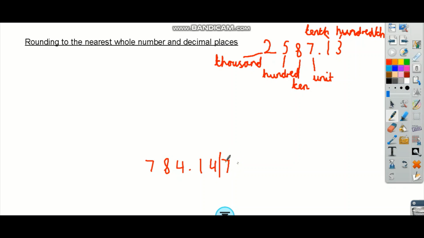Now this number is actually bigger than 5, so what we do is we add 1 here because we're going to round up. So that will be 5, and then we put all the numbers back down the same. That will be 1, 4, 8, 7. But then we also change the 7 into a 0. We also put the decimal point down as well.